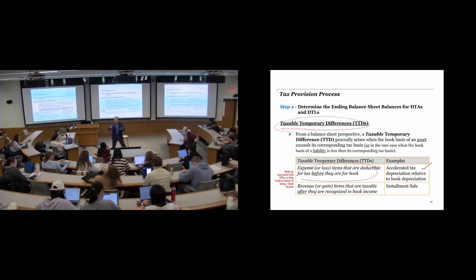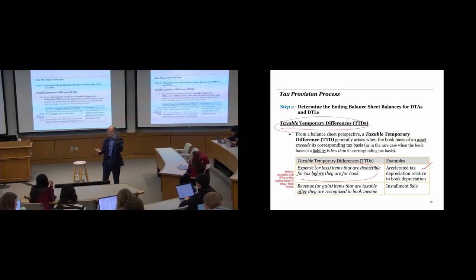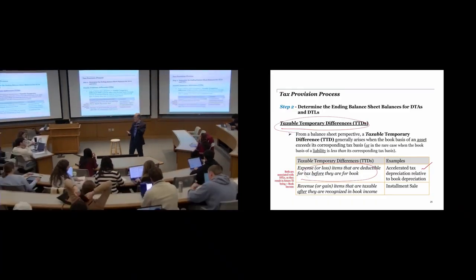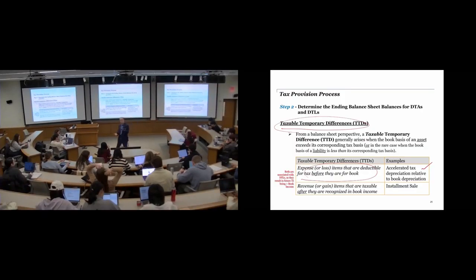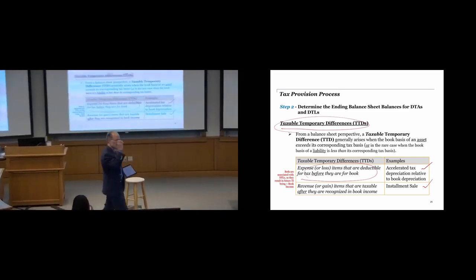So in the early stages of the asset's life, I am going to have a lower tax basis than book basis because I've depreciated and recovered that basis faster for tax than book. So if I sell it for book purposes, my deemed fiction, tax basis is less than that, that's a gain, right? Taxable temporary difference.